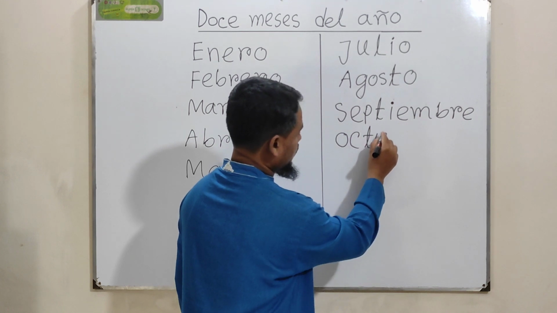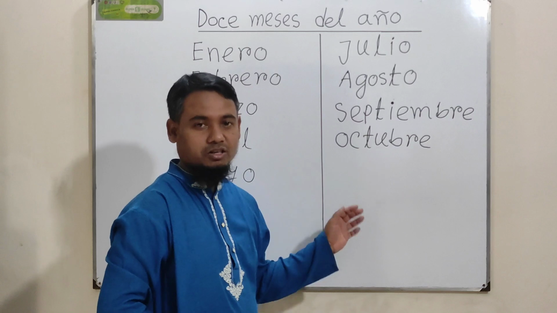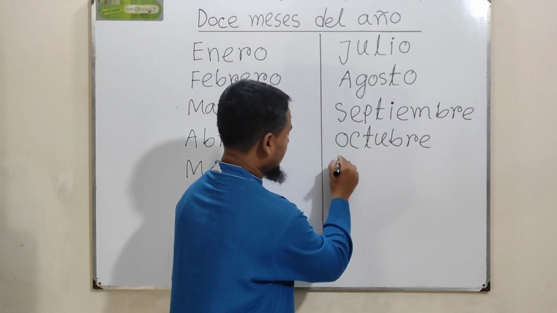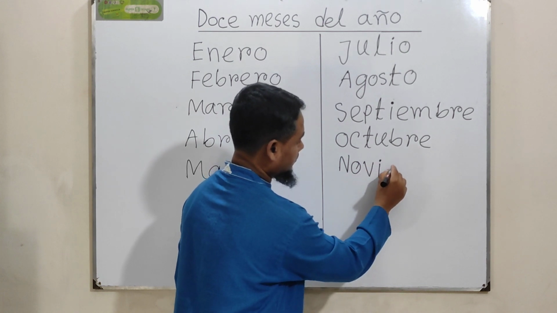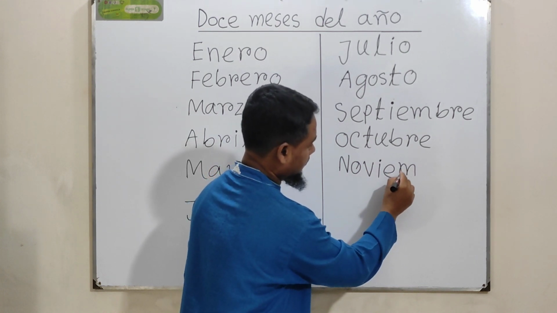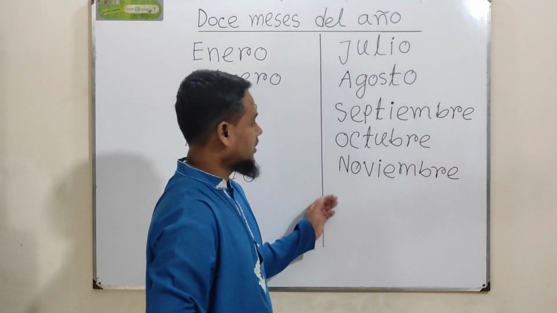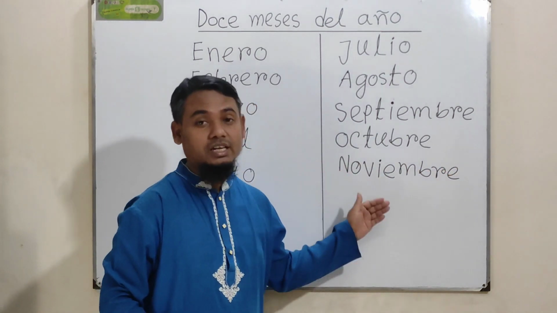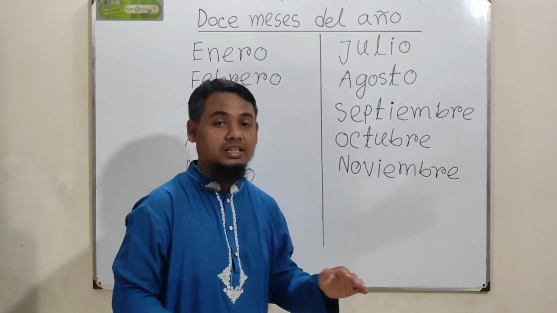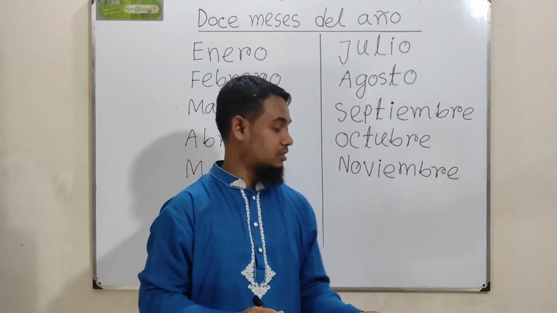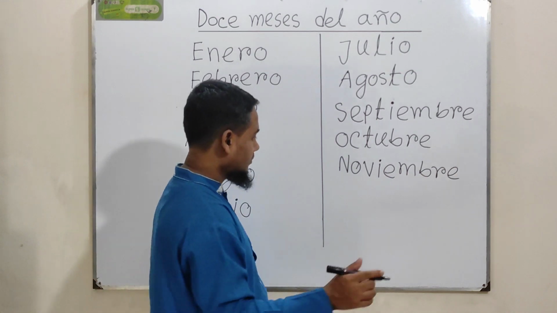Then octubre, October. And noviembre, because this letter name is uve and it will be pronounced like ve. There is no bo sound in Spanish language, so it is noviembre. Noviembre.